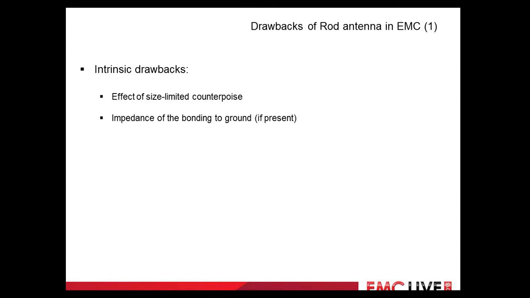Anyway, we have an impedance of this bonding, the impedance of the RF cable, which is connected to the counterpoise and to the rod antenna, and the capacitive effects of the environment. So the antenna is nearby a wall or the EUT, and there will be some capacitive effect.